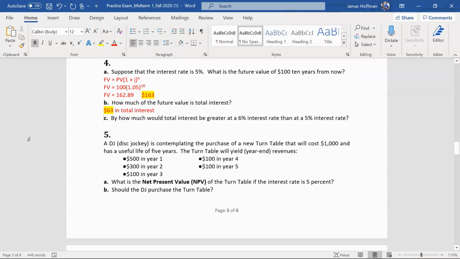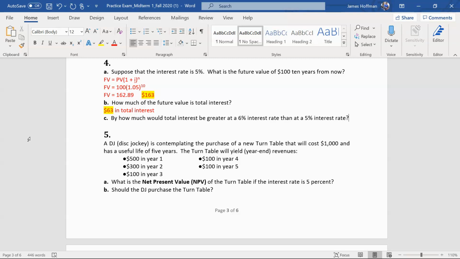Okay, part C. How much would total interest be greater at 6% interest rate than at 5%? So this one just gets the future value using the 6% rate, and the difference or the additional interest is the answer.